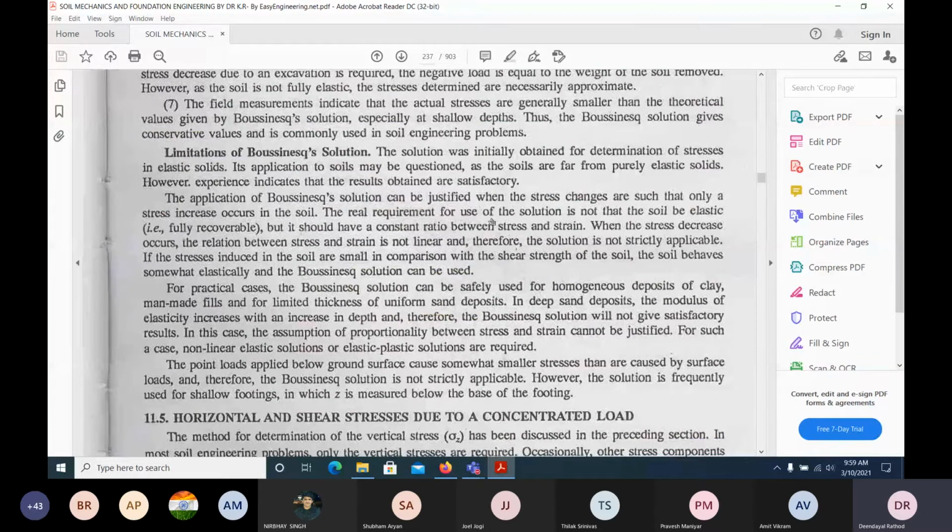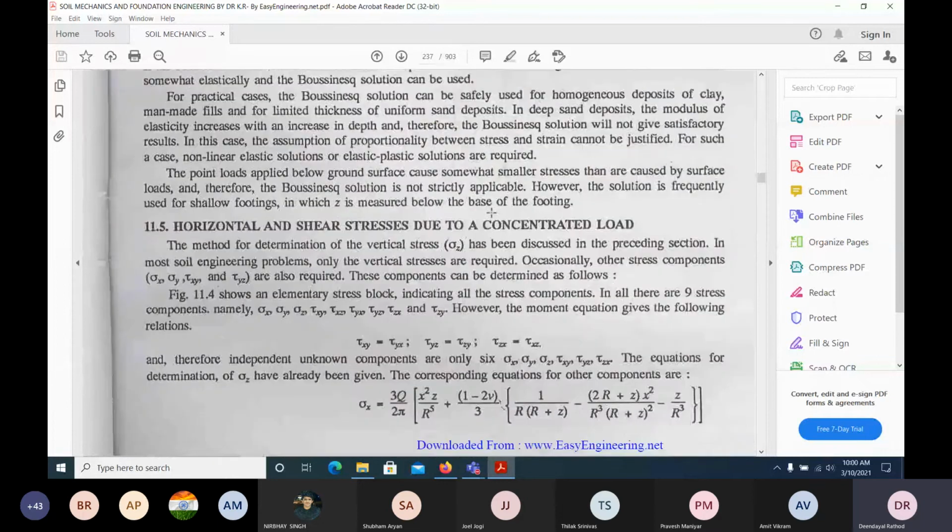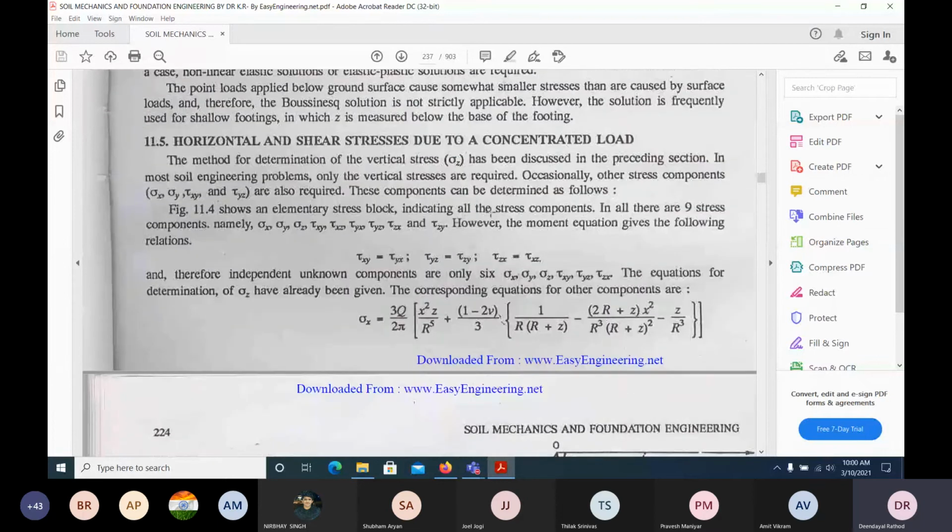The application of Boussinesq's solution can be justified when the stress changes are such that only a stress increase occurs in the soil. The real requirement for such a solution is not at all that soil is elastic, because soil is not a homogeneous or isotropic material. So whatever theories we propose may not give the proper result.